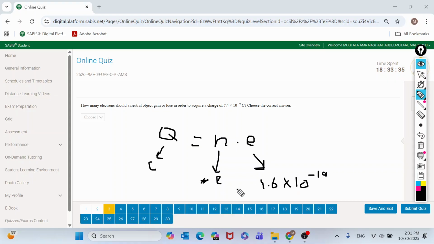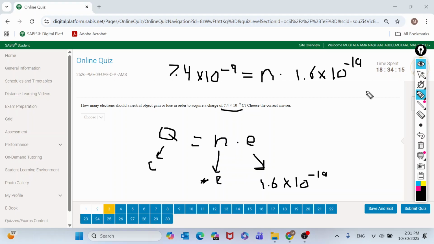Okay, so we have the charge, which is here. So it's going to be 7.4 times 10 to the power of negative 9 equals n times 1.6 times 10 to the power of negative 19.